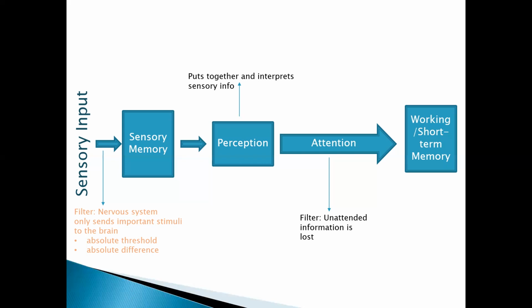And so you're literally not even processing the smell anymore. Someone who comes into your house for the first time and that smell is new will detect that smell, develop sensory codes and send them up to the brain for activation. And so they'll be able to notice it. So there's like a Febreze commercial that calls it smell blind or something like that. That's the idea between absolute difference.